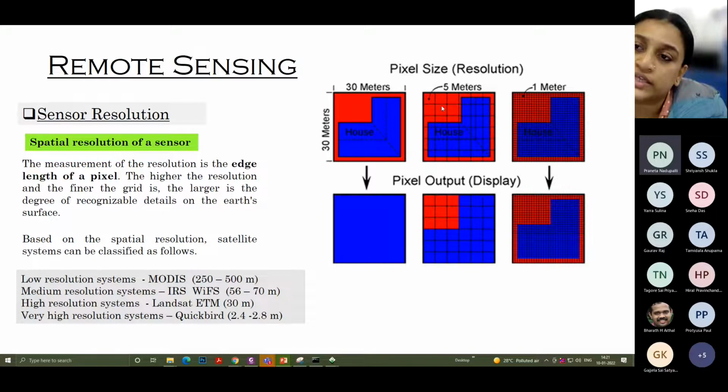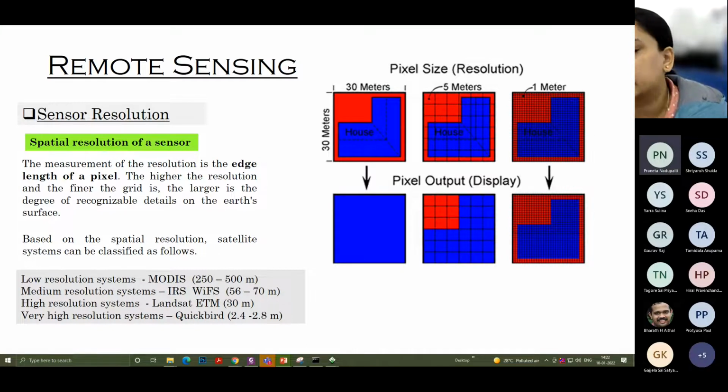However, if you get a finer resolution data, which has captured only 5 meters of data for the house, maybe the display could be something like that. You will be able to identify or locate things better and properly. So this is a finer resolution pixel that you may get.